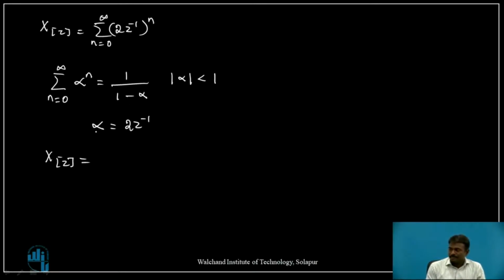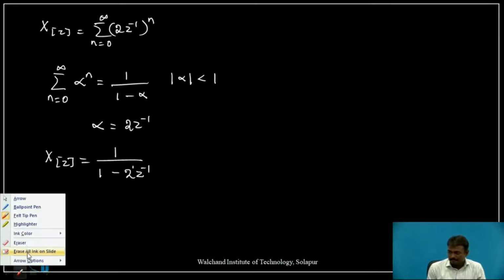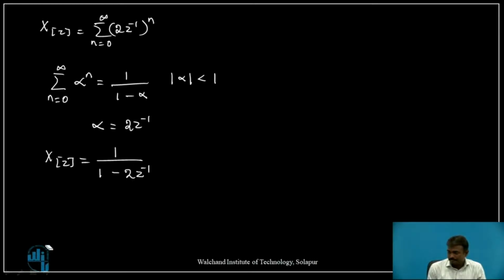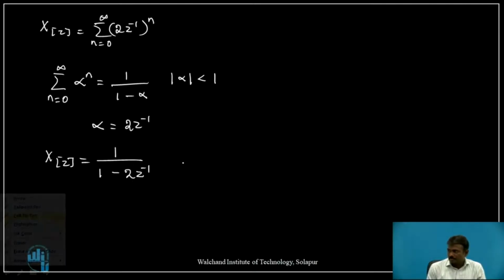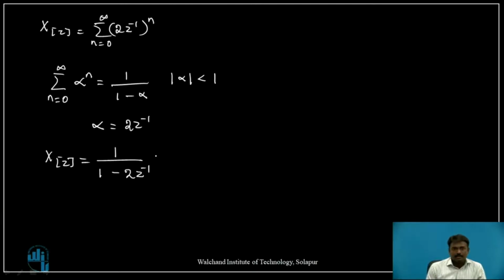So we are going to use this infinite summation identity in our example to simplify x of z further here. With the help of the infinite summation identity, x of z is written as x of z is equal to 1 divided by 1 minus 2z inverse, and this x of z exists if mod 2z inverse is less than 1 here.